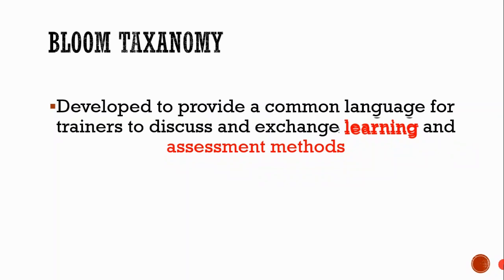But most importantly, when you're talking about written assessment, you want to factor in much of the cognitive domain. When you're talking about that, we'll be talking about what we call Bloom's taxonomy.